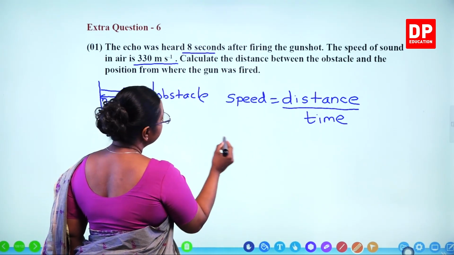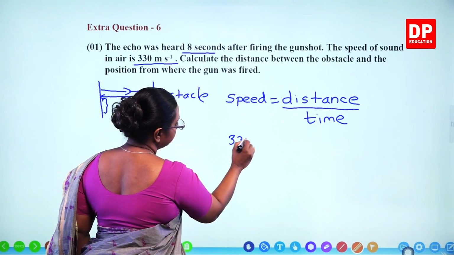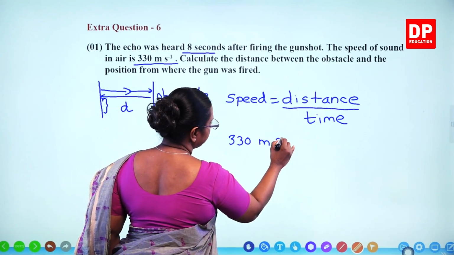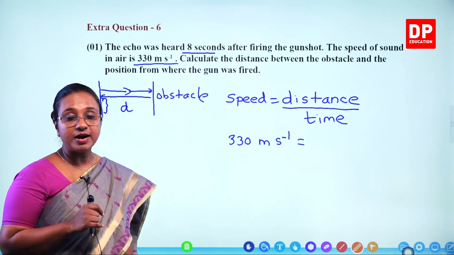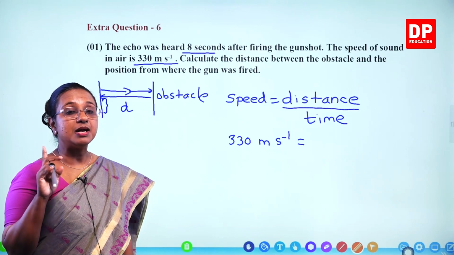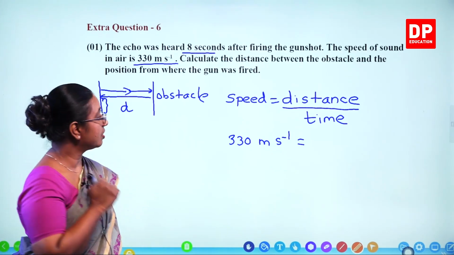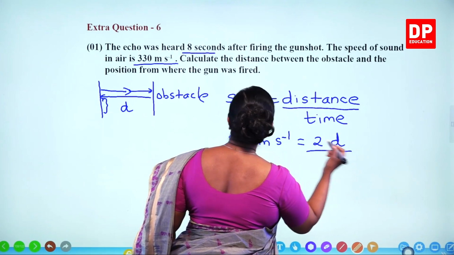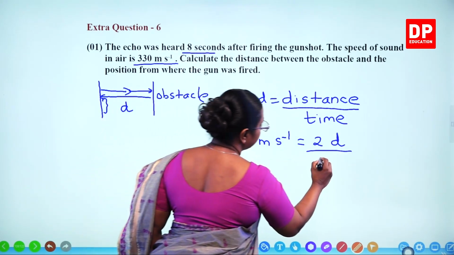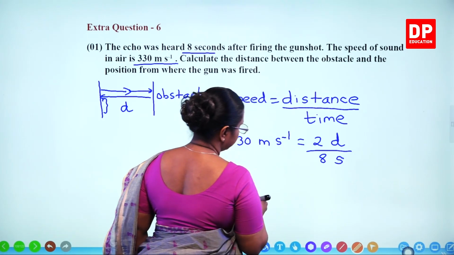What is the speed? 330 meters per second. What is the distance? That is what we have to find. Distance is D, but the sound travels a distance of 2D. So it has to be 2D there, and the time taken is 8 seconds.